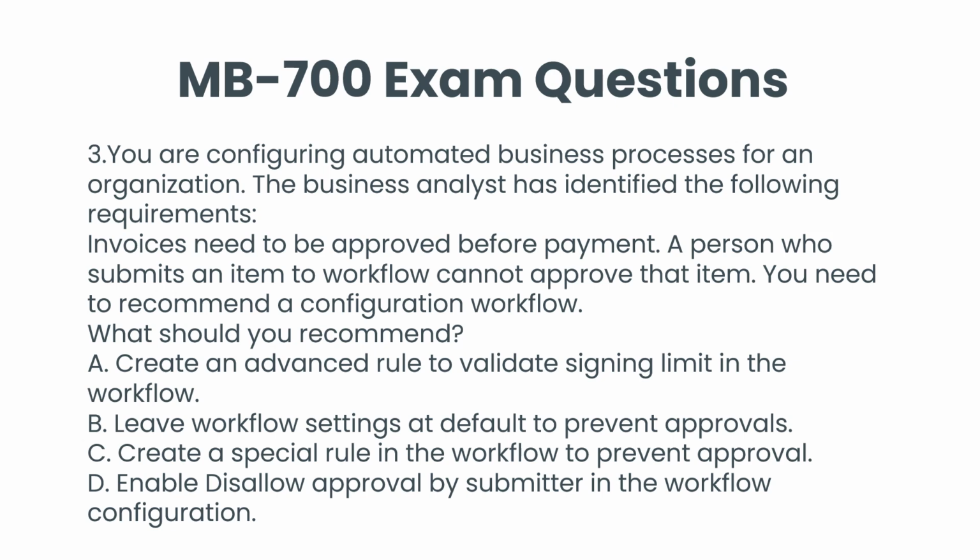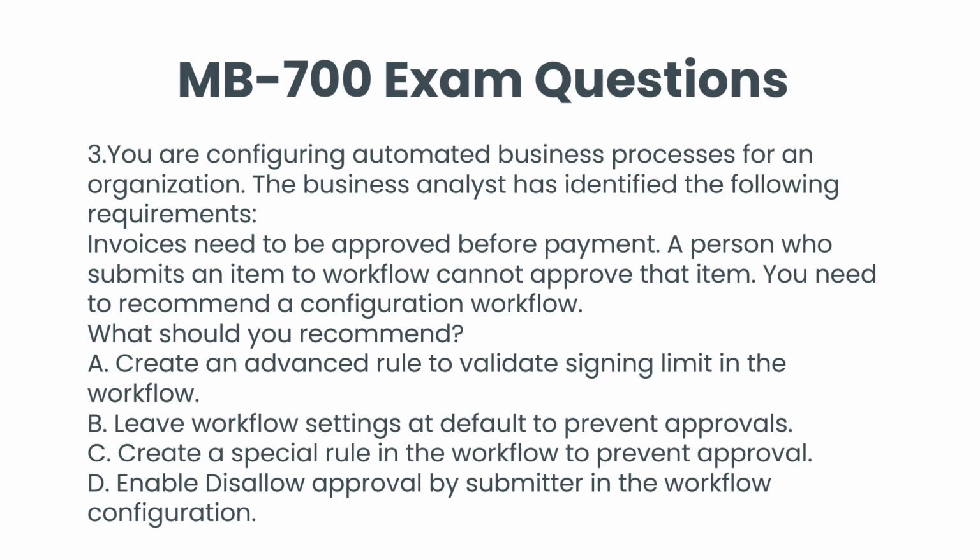3. You are configuring automated business processes for an organization. The business analyst has identified the following requirements. Invoices need to be approved before payment. A person who submits an item to workflow cannot approve that item. You need to recommend a configuration workflow. What should you recommend?